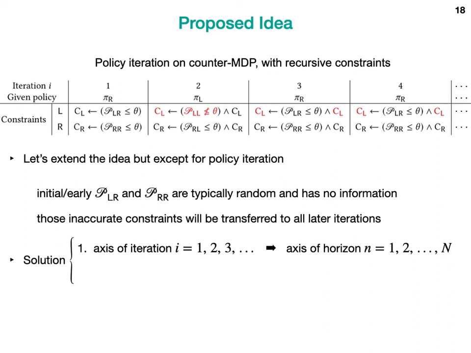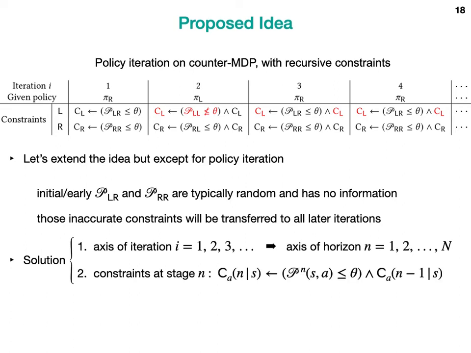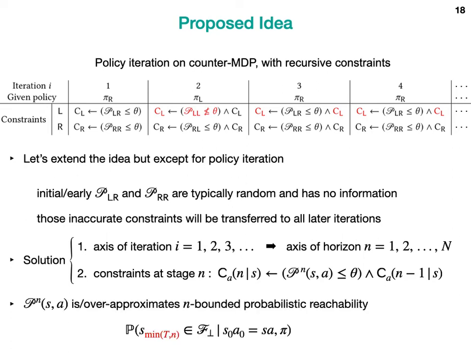One is to replace the axis of iteration with the axis of horizon of probabilistic reachability. Then we modify the constraints at stage n in state S like this, where this P_n is or over-approximates n-bounded probabilistic reachability.